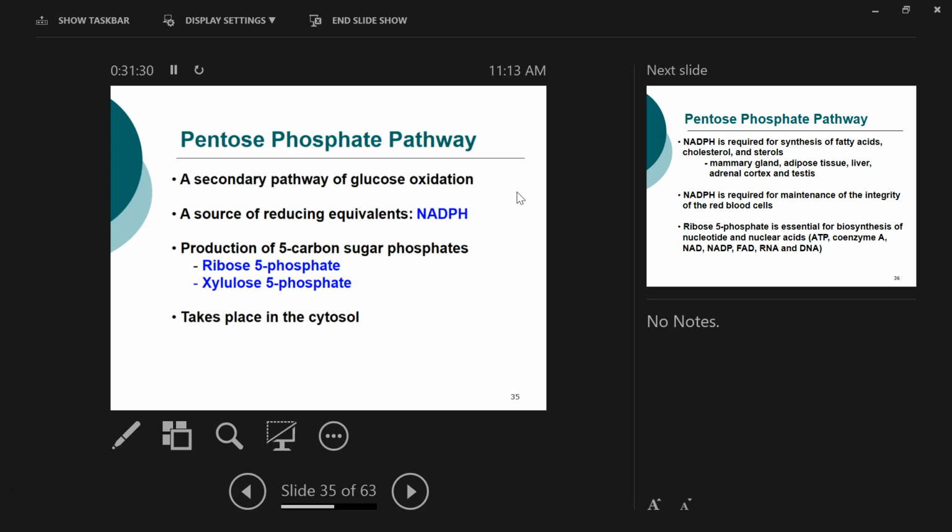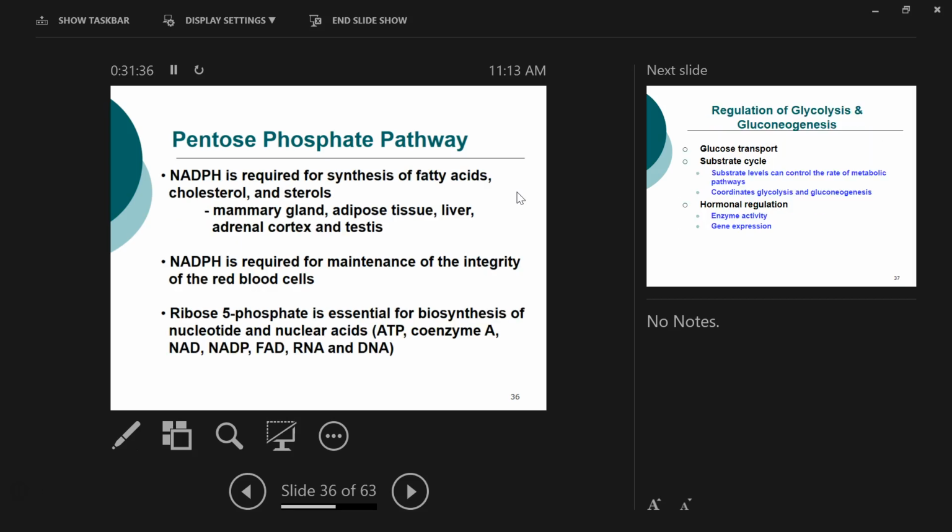This reaction usually takes place in the cytosol. As I mentioned, NADPH produced from this pathway is required for synthesis of fatty acids and cholesterol as sterols. NADPH is also important for maintenance of the integrity of the red blood cell membrane.